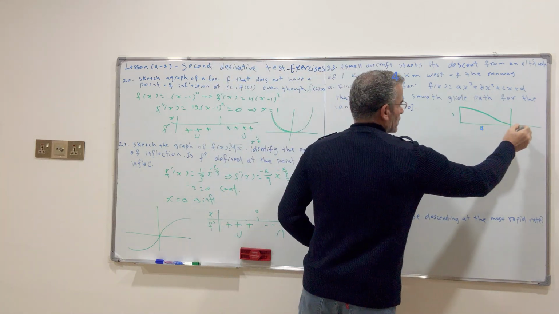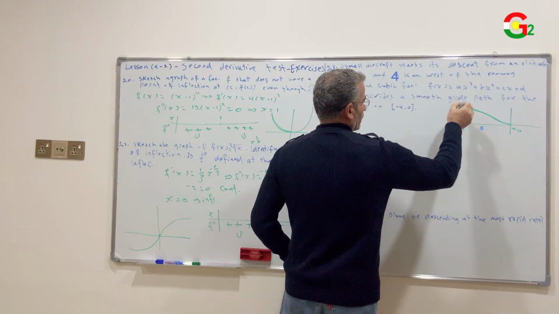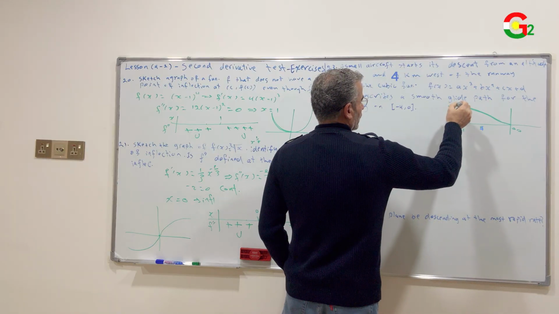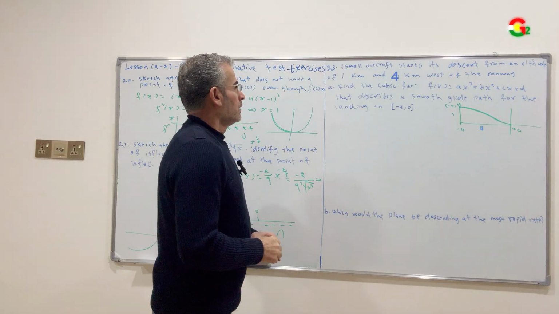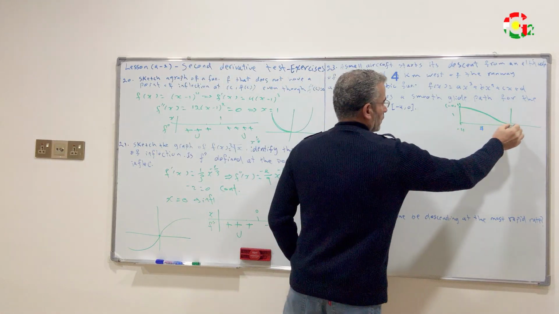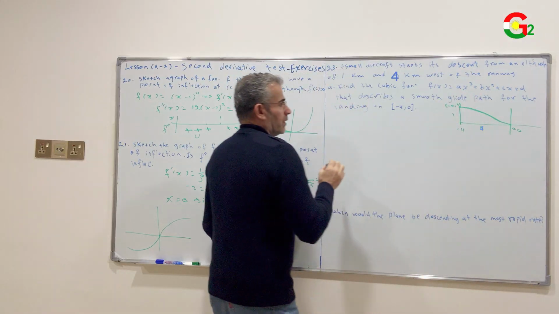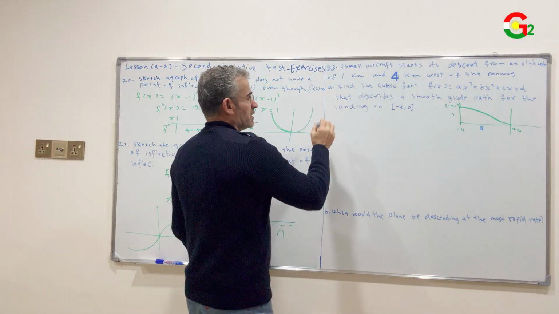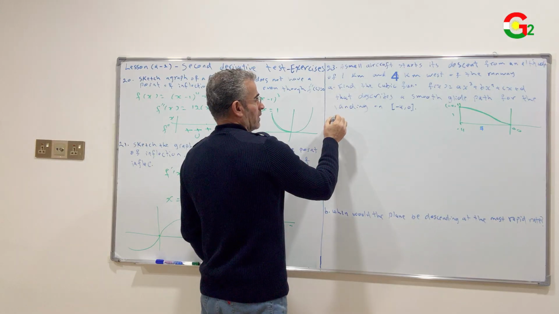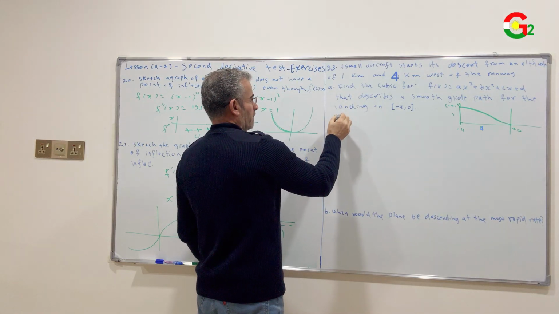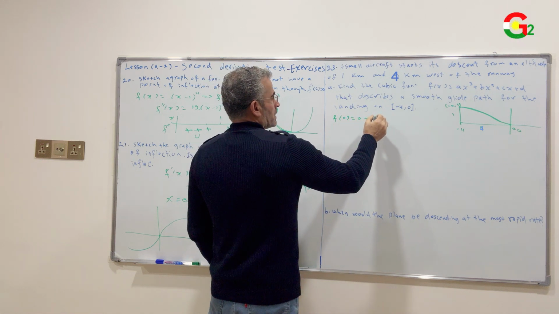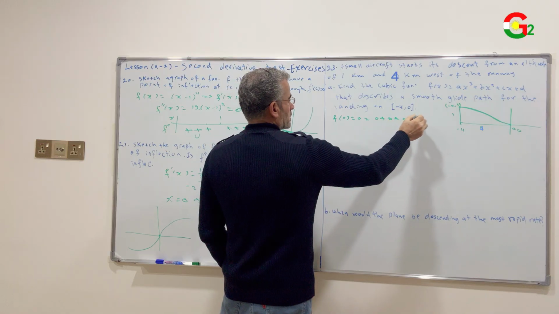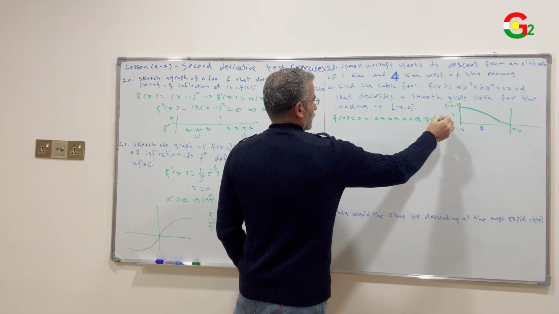This is the point 0, 0. This is negative 4, 1. Now, since 0, 0 is on the graph of the function, it satisfies the function: f of 0 equals 0 equals 0 plus 0 plus 0 plus d, therefore d equals 0.